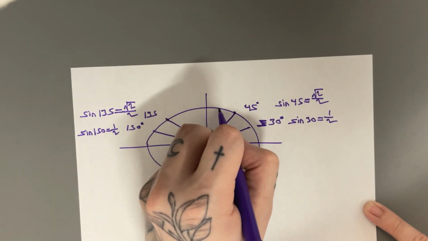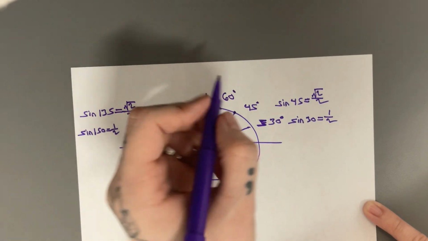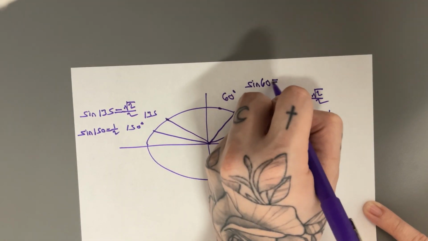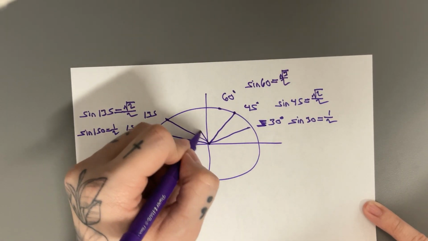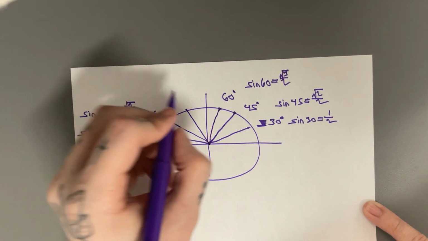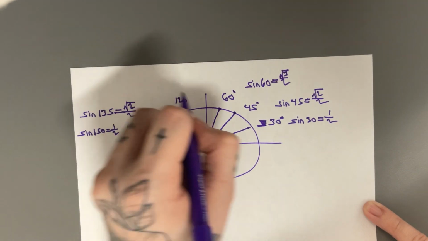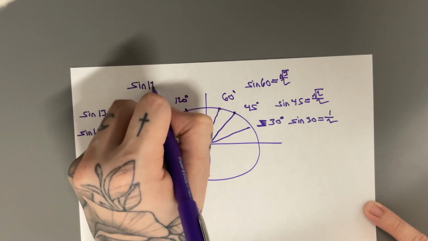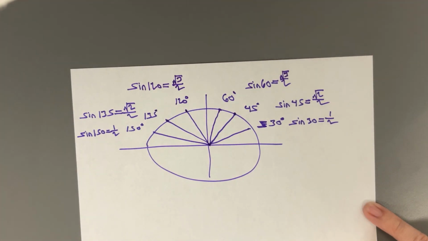I know this isn't perfect because I'm doing this on paper, but we're going to do one more. If I do 60 degrees, sine 60 gives me √3/2, and then I can also come over here and do 120 degrees, which will also give me √3/2.